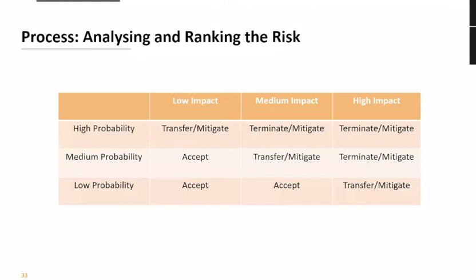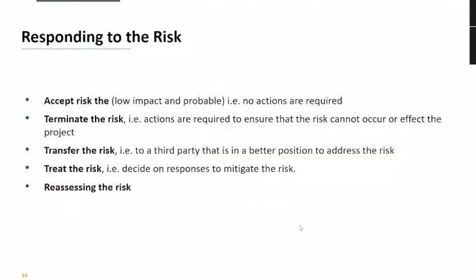So in this simple matrix, in the column and the row, you can see the impact and the probability. Based on the impact and the probability, either we will accept the risk, for low impact where no actions are required, or we will terminate the risk, for example, where actions are required to ensure that the risk cannot occur or affect the project. We can transfer the risk to a third party that is in a better position to address it, for example, an insurance company.